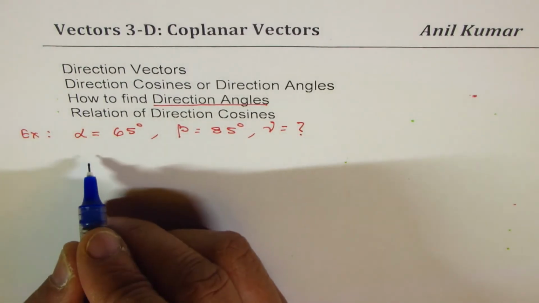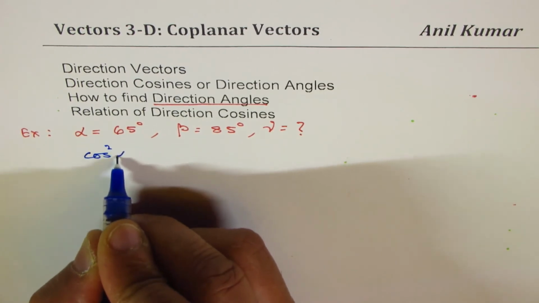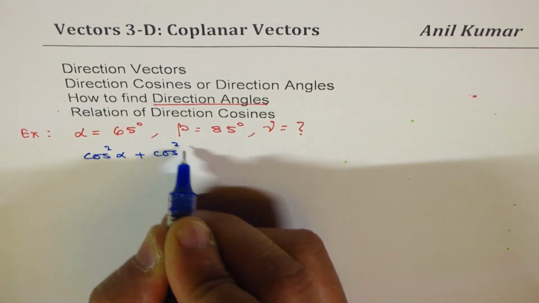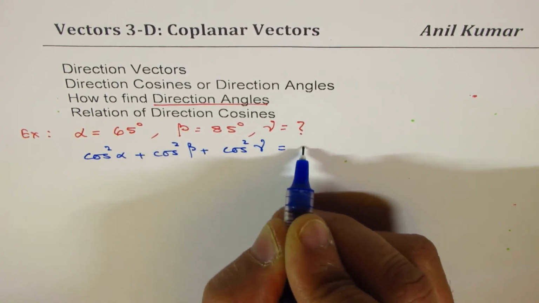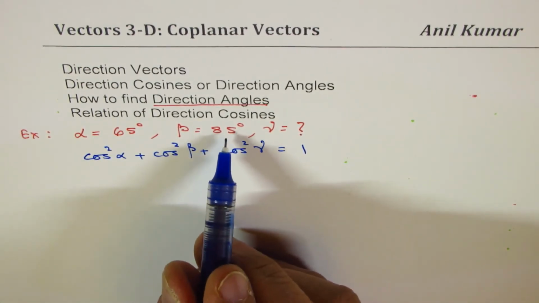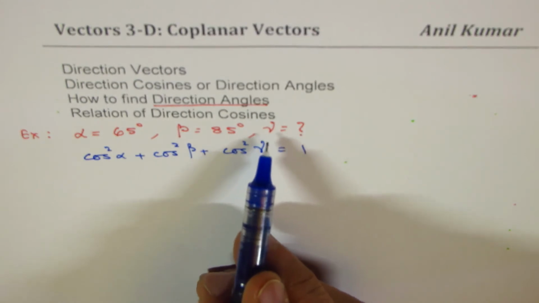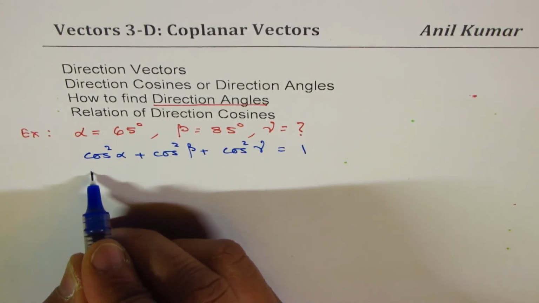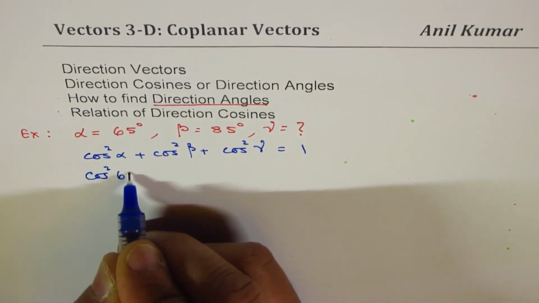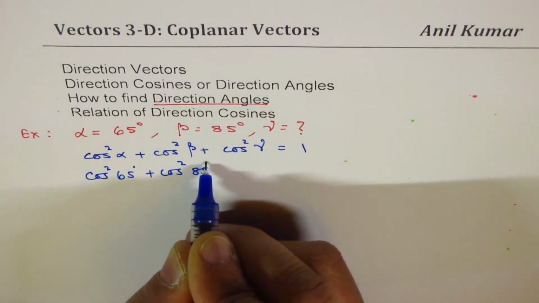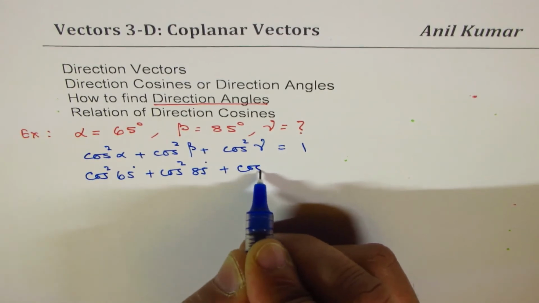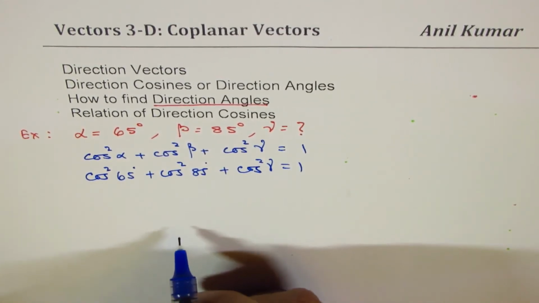We just proved that cos square alpha plus cos square beta plus cos square gamma is equal to 1. So that relation can be used to find the third angle. We can substitute here. So we get cos square of 65 degrees plus cos square of 85 degrees plus cos square gamma should be equal to 1.